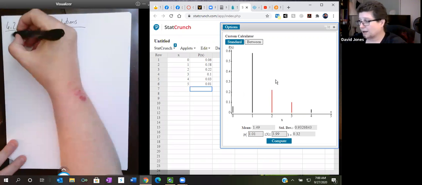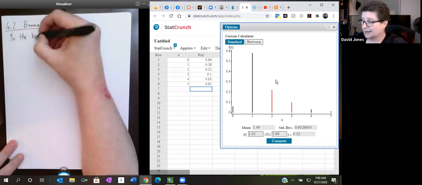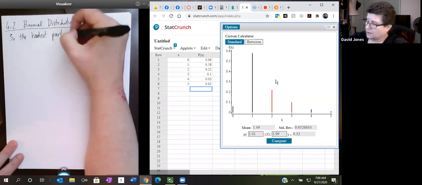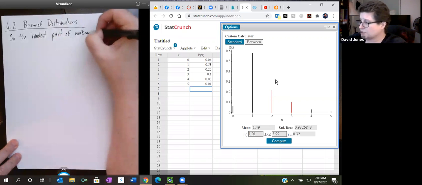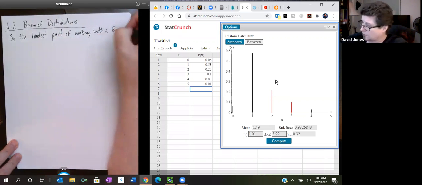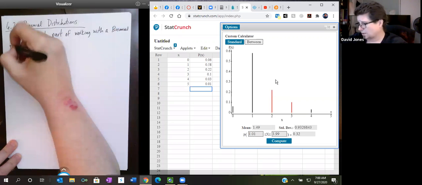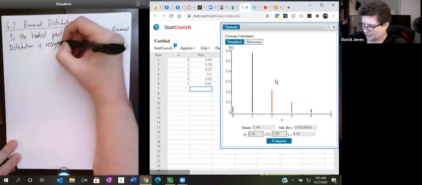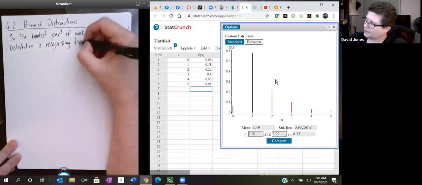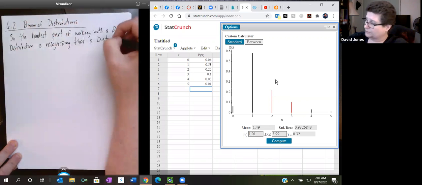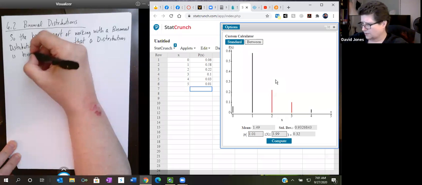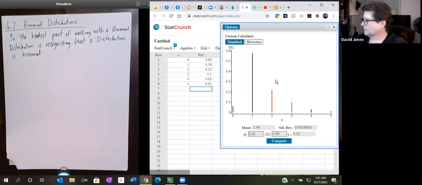The hardest part of working with a binomial distribution is recognizing that a distribution is binomial. And the reason why is the 4 requirements we have.